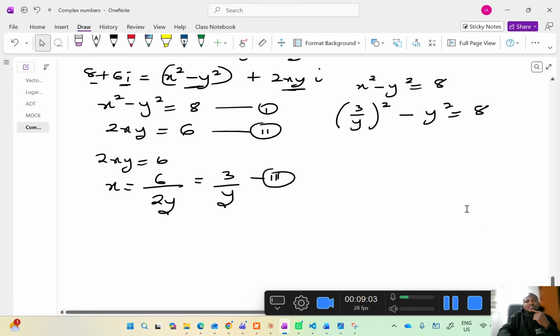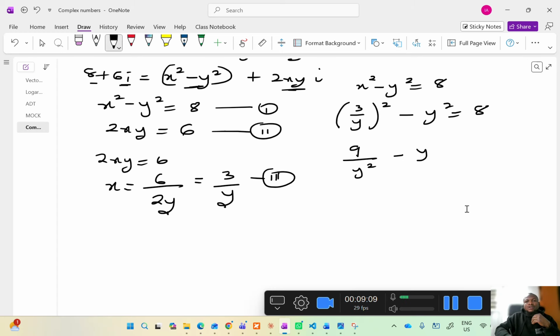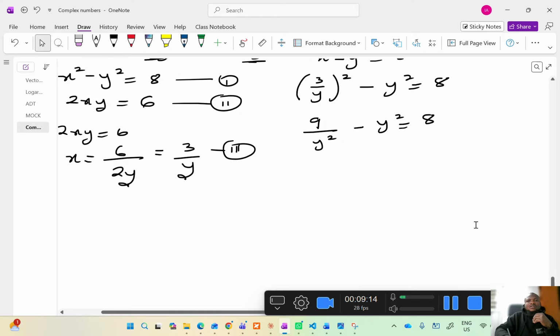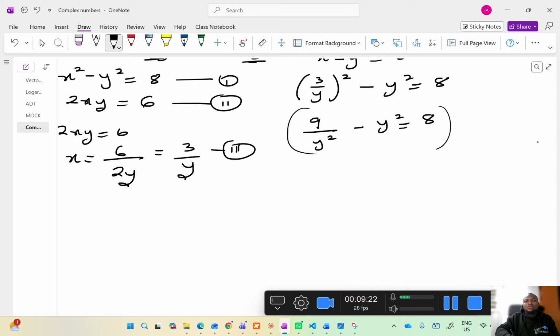So at this point, I can have this as 3 squared, that is 9 over y squared, minus y squared is equal to 8. So, of course, you can multiply all through by y squared, right? So that becomes 9 minus y raised to power 4 is equal to 8y squared.